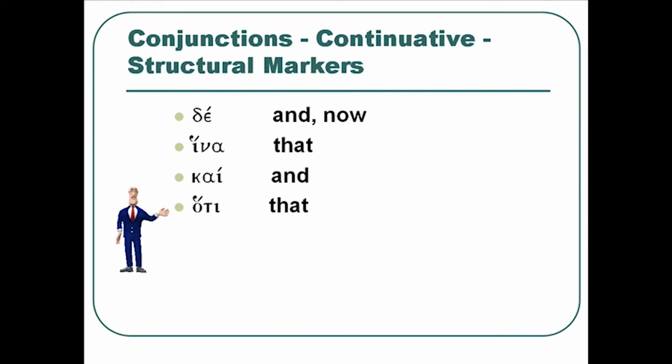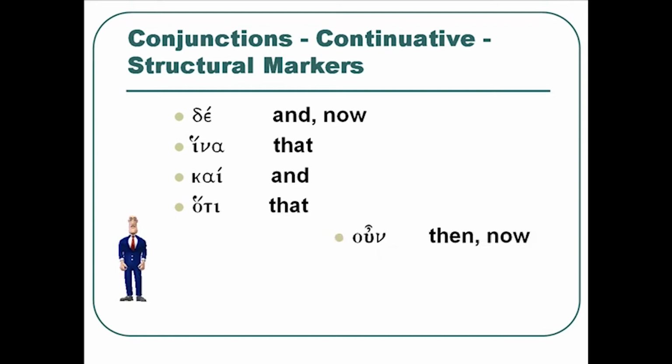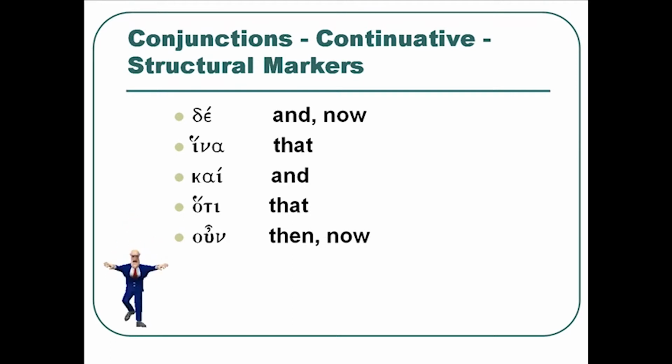Hoti also can be taken as that in a continuative type of way. And oun means then or now in a continuative sense. And te also means and. These all can then be used to continue the flow of the narrative.